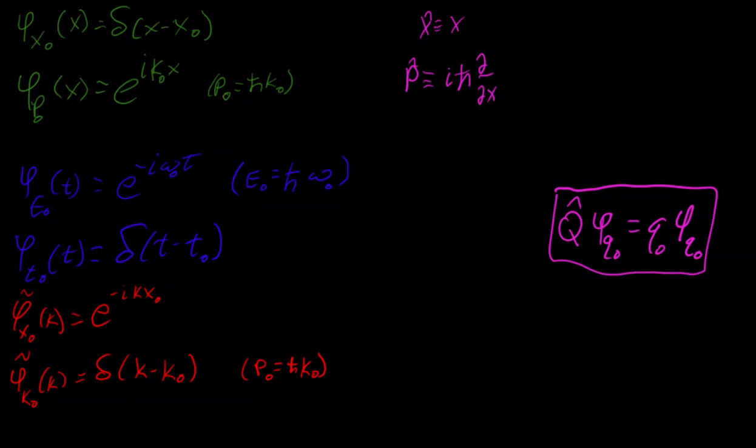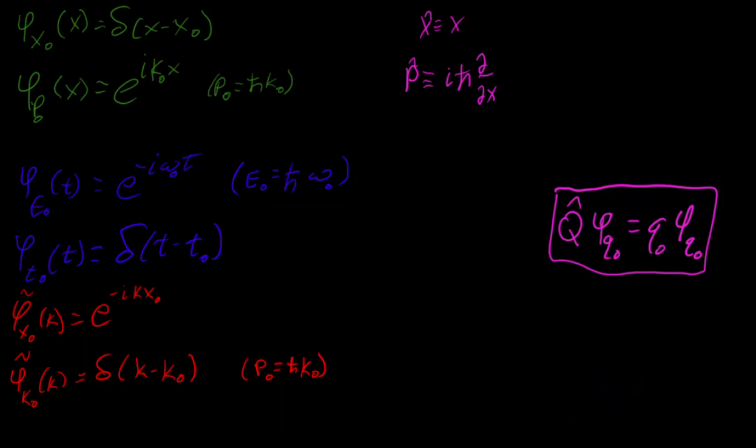But note, and you can prove this just using calculus and fairly common sense, the Hermitian conjugate of the partial derivative, just like the derivative, is negative of itself.